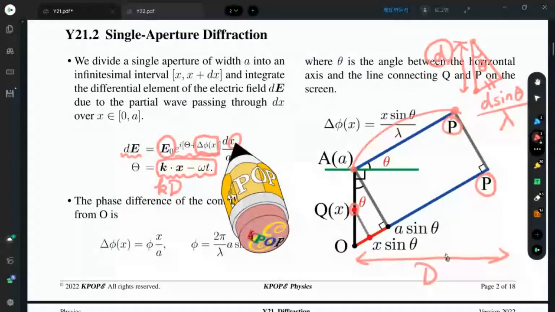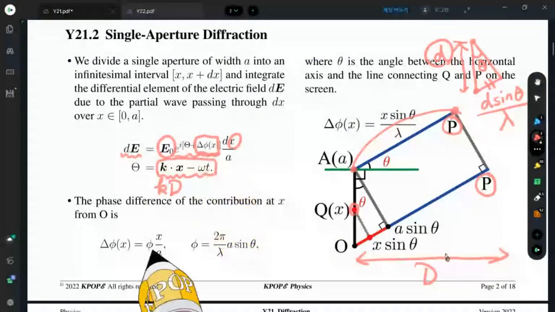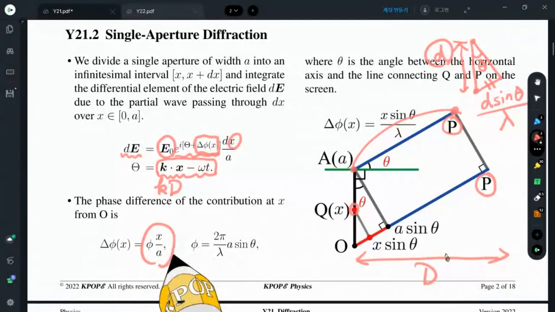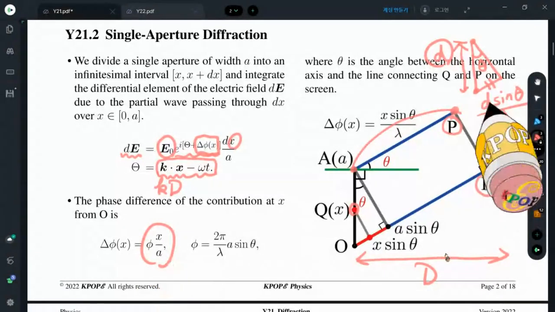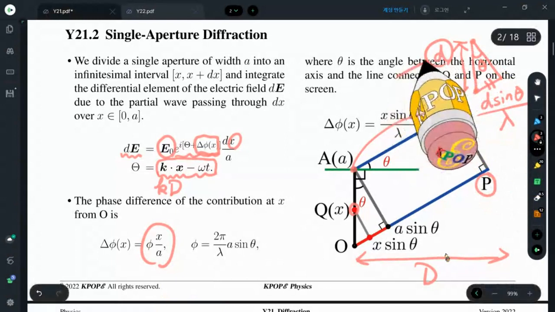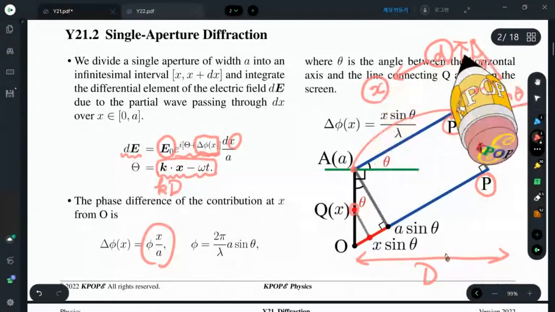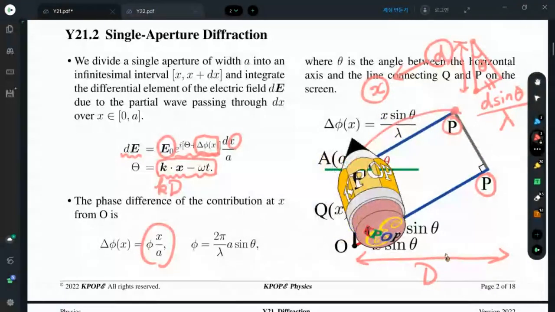And this x dependence appears to be phi multiplied by x over a, as we have already explained. This d is to be replaced with x, then we can determine this.